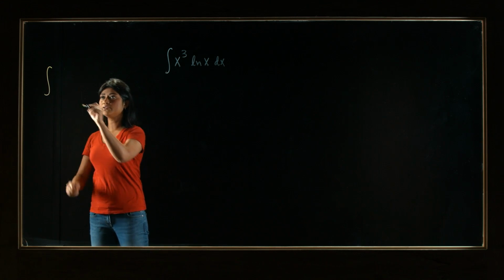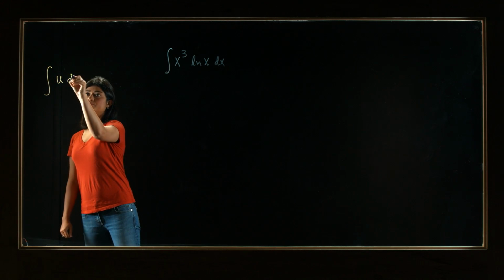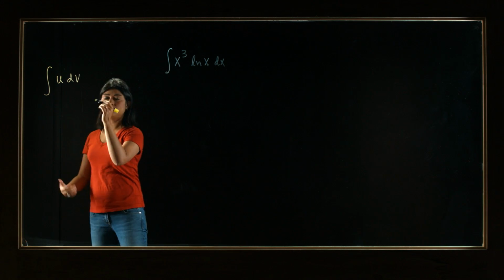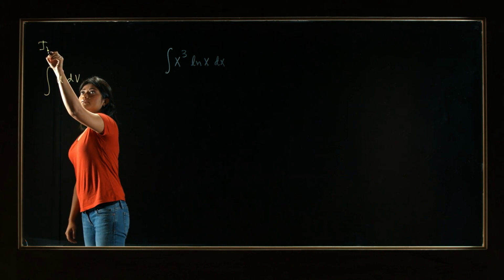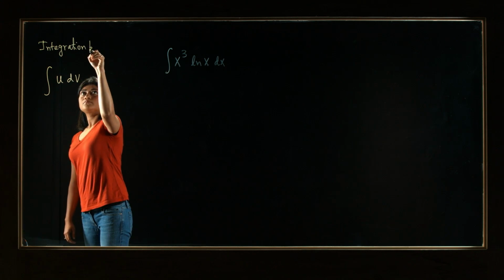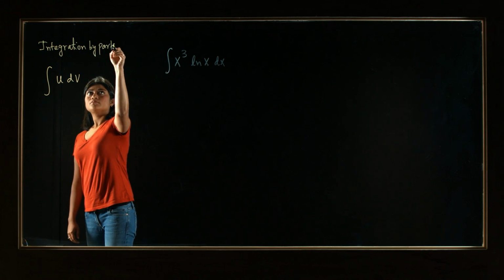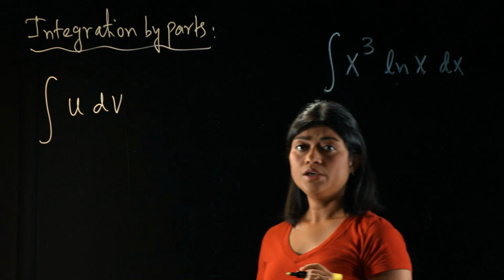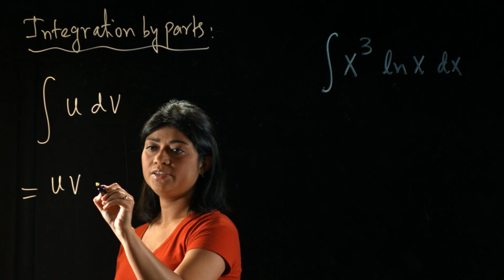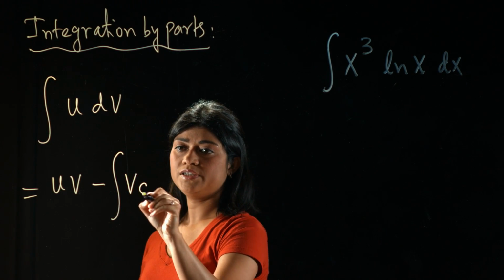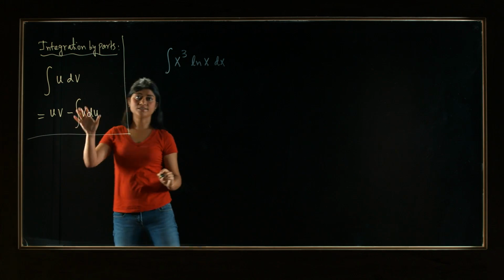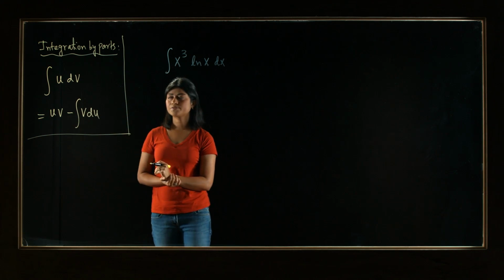If you have an integral of the form u dv, so inside the integral you have u times dv, then using integration by parts, you can rewrite this as u times v minus integral v times du. So that is the formula for integration by parts.